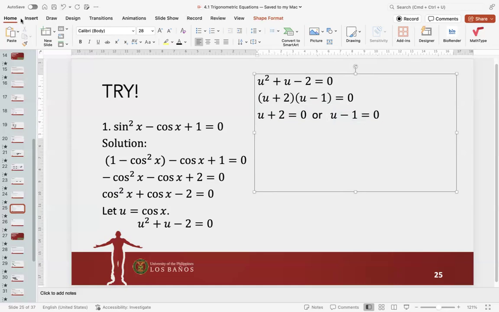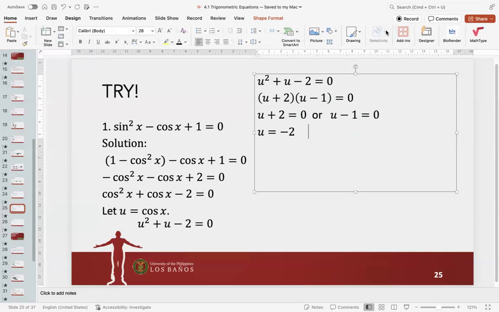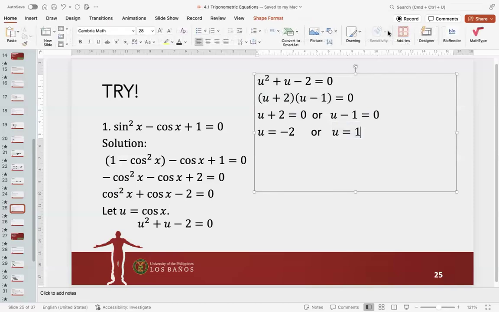So if we solve this, for the first one, u must be equal to negative 2, or u must be equal to 1. Okay. But what is u again? U is cosine x.